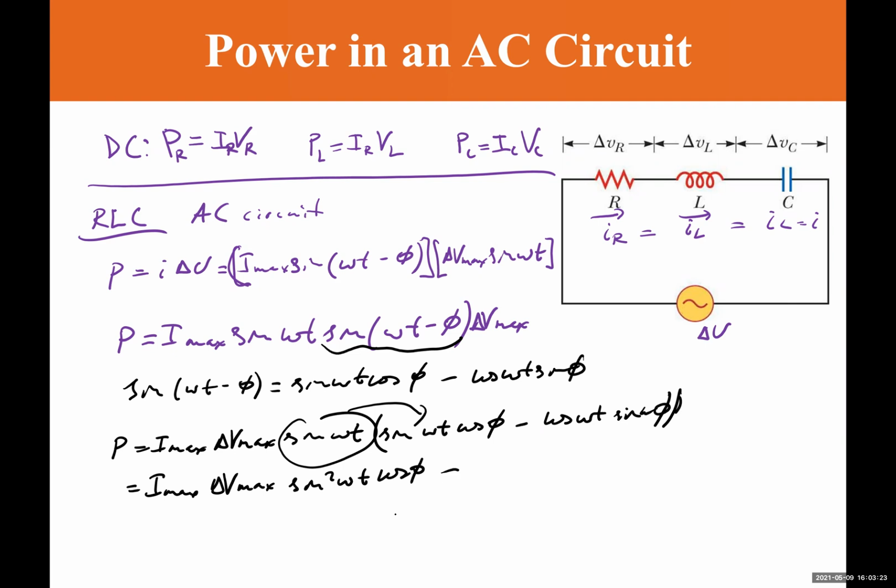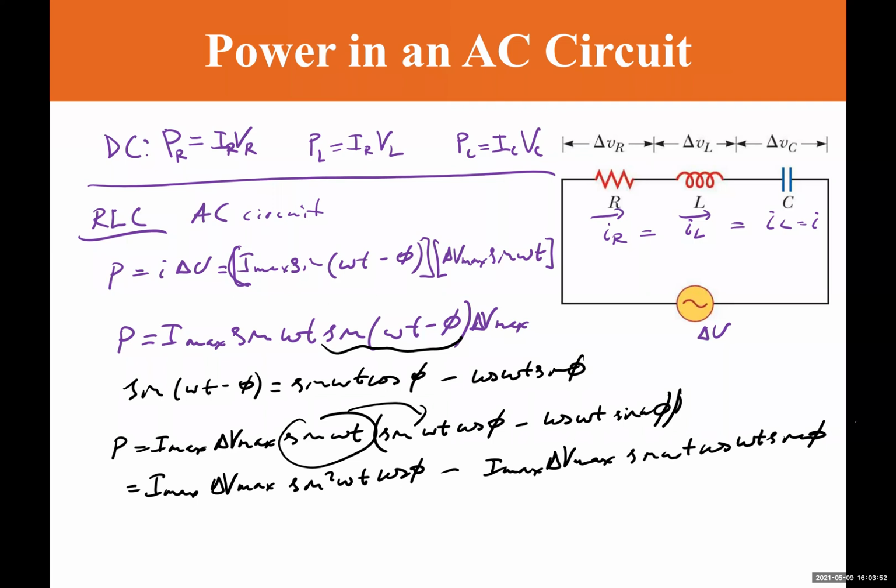Then minus I max delta V max, then sine omega t times negative cosine omega t sine phi. The negative is already there, so it becomes sine omega t cosine omega t sine phi. All right, so we end up with this equation.